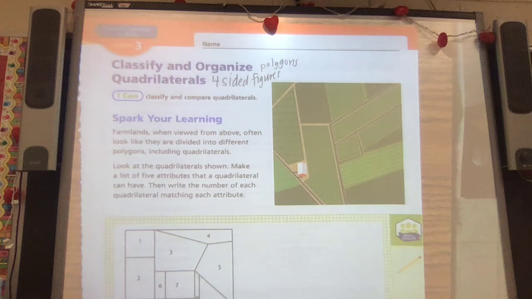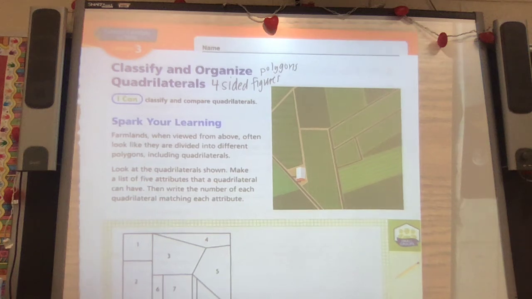There are lots of types of quadrilaterals, and you did get a sheet that talks about those and breaks all those down. And so I want you to reference that if there are some that are new that you're not aware of. And that's going to help you learn some of that vocabulary.